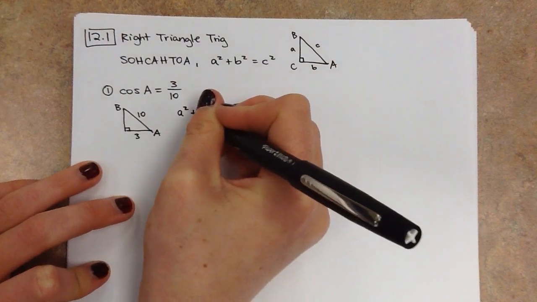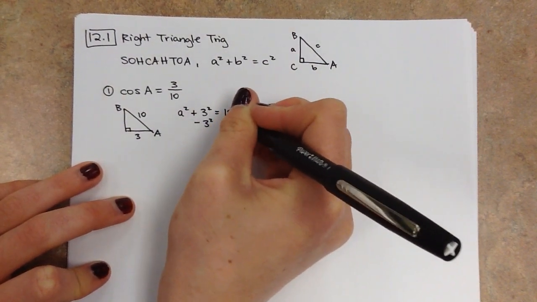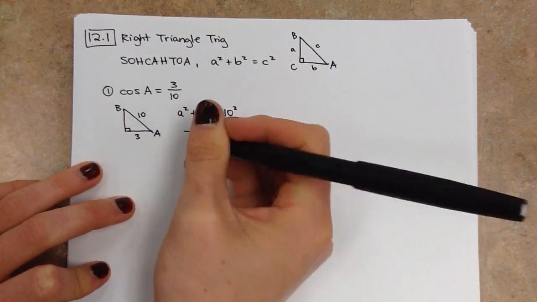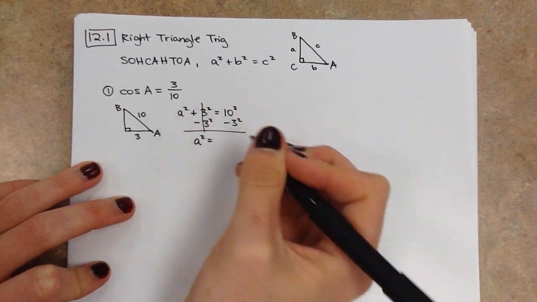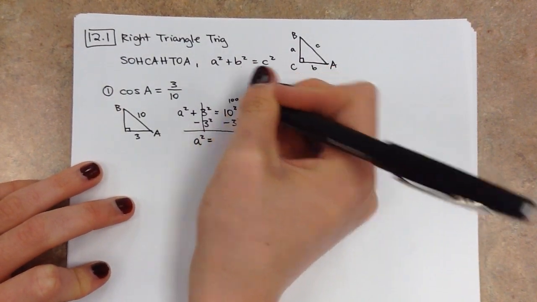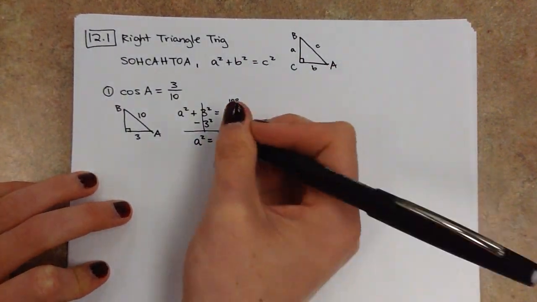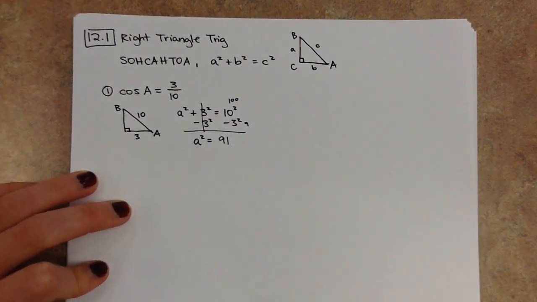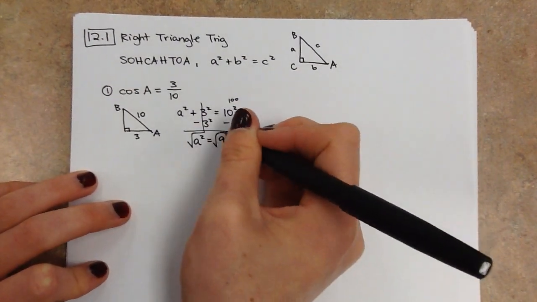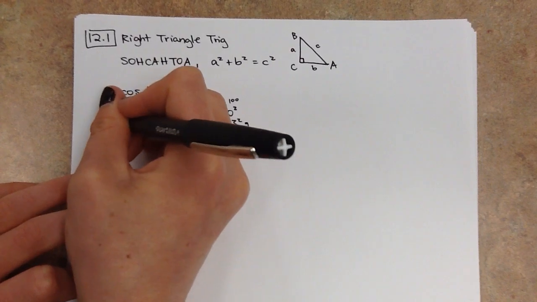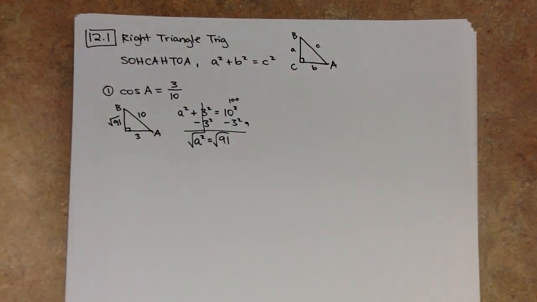Then we subtract 3 squared, which is 9, from both sides. So A squared equals 100 minus 9, which gives us 91. To get A, we square root both sides, so this is going to be the square root of 91. It's best if you keep it in square root form.